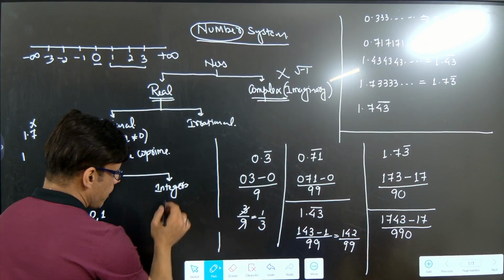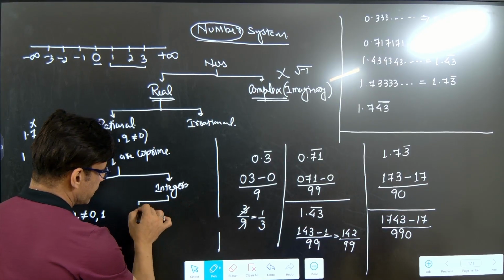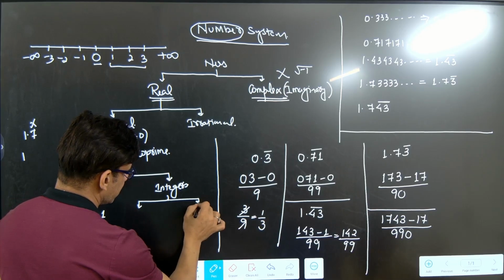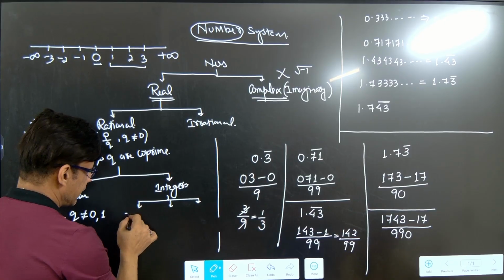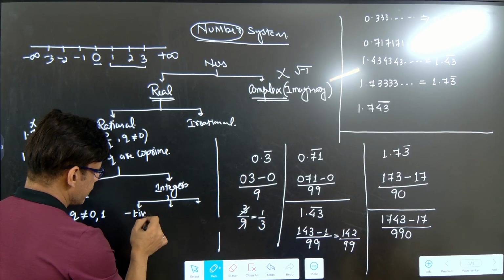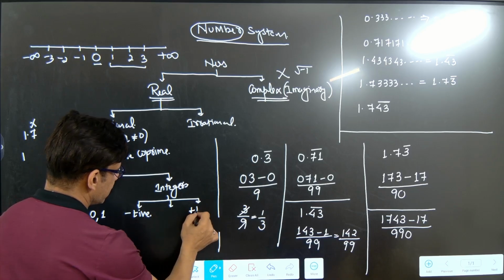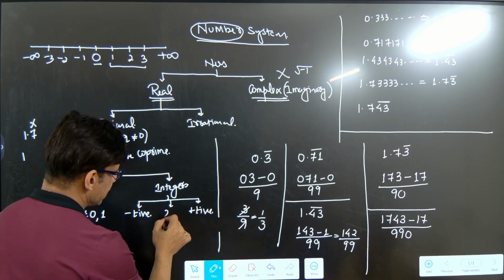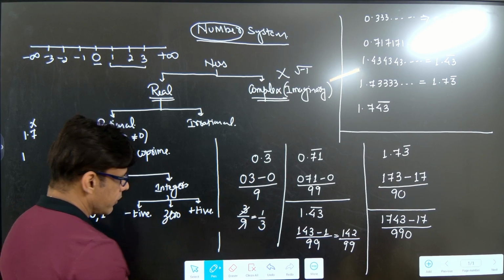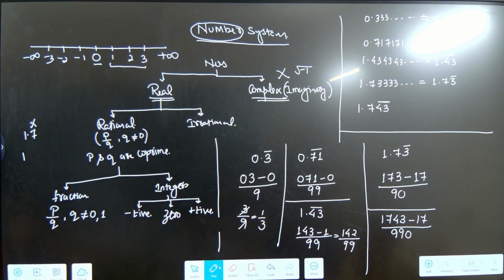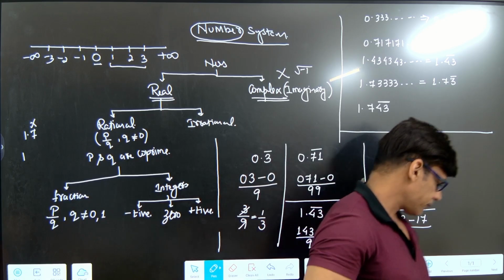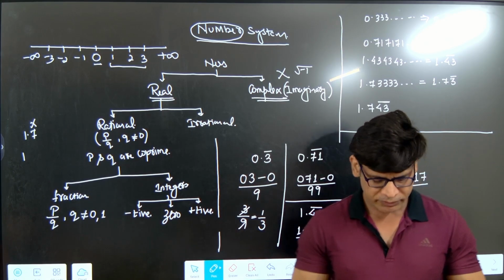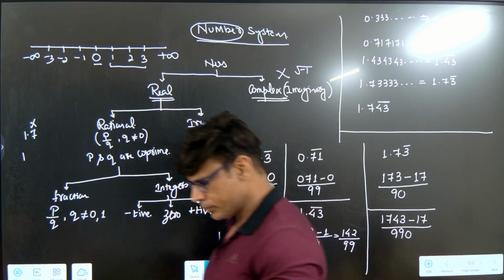So integers are of 3 types: negative, positive and 0. You have positive integers, you have negative integers, and then you have 0.